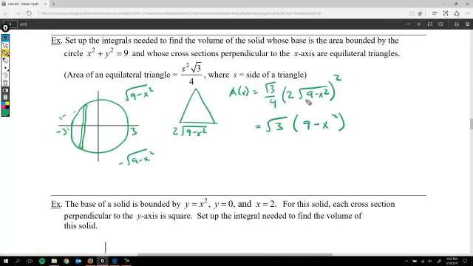So all I did was square things, and then 2 squared and 4 end up canceling out. All right, so I just need to plug this into my volume. So I'm going from negative 3 to 3, because those are my x bounds, and then I'm just plugging in my area equation with respect to x.